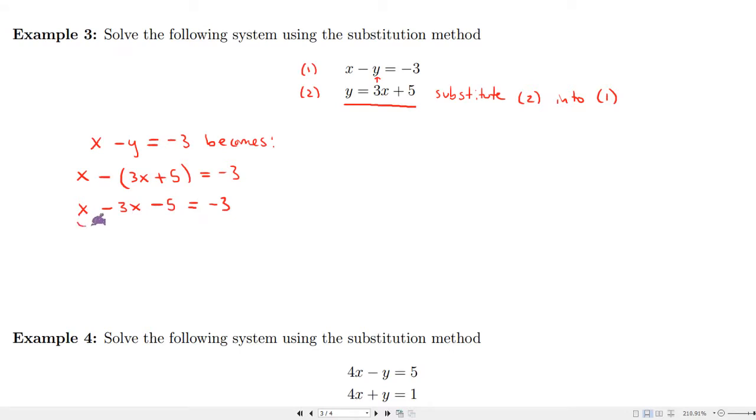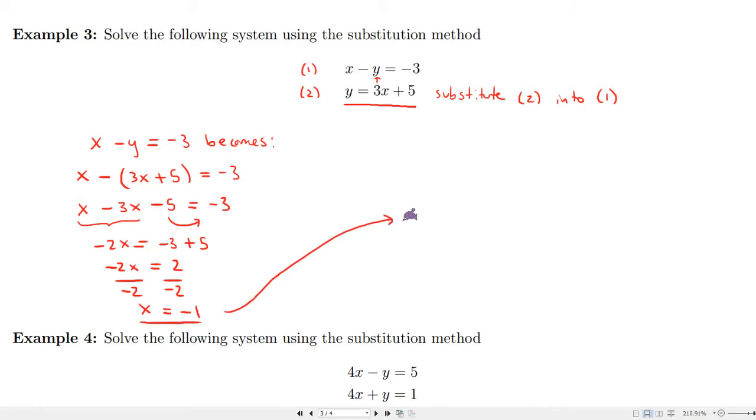And combine. So these two combine to give us negative 2x. And we can add the 5 over here. So we will have negative 3 plus 5. So negative 2x is equal to positive 2. Dividing by negative 2, we have x is equal to negative 1.